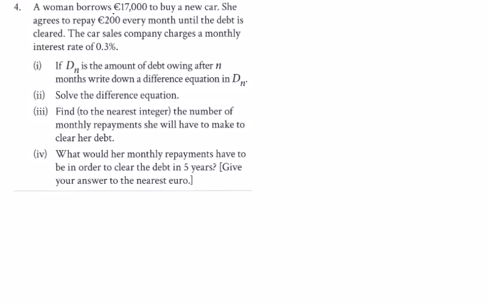Question 4, we have a woman borrowing 17,000, paying back 200 every month, and the interest rate is 0.3%, 0.003, so we'll be using 1.003 for the ratio here. So if we take what she owes at the very beginning, 17,000, how much will she owe in year 1?